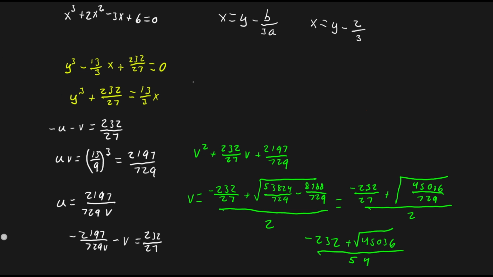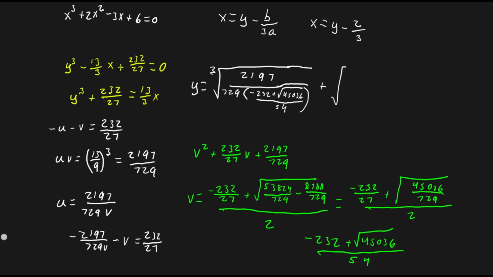So we will go ahead and do that. y is equal to, we're going to find what v is first, since it is the cube root of u, which is 2,197 divided by 729 times negative 232 plus the square root of 45,036 divided by 54, plus the cube root of negative 232 plus the square root of 45,036 all over 54.